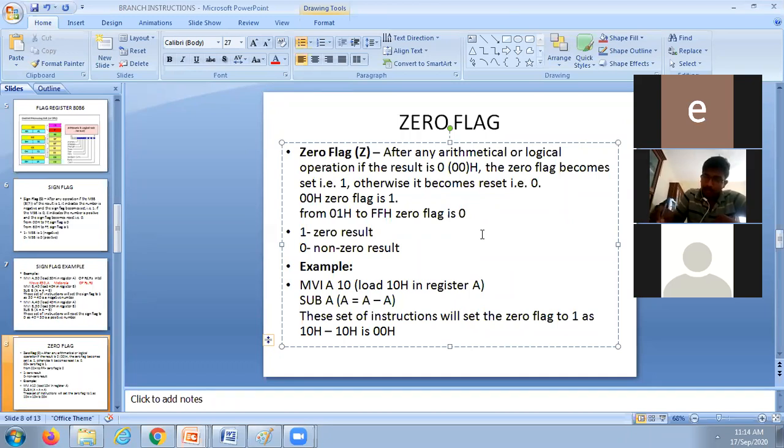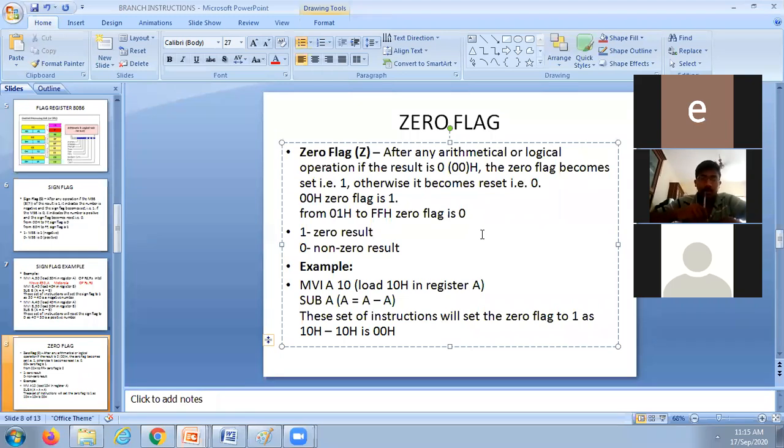I will repeat once again. The flag register or flag bits are affected only for arithmetic and logical instruction results only.